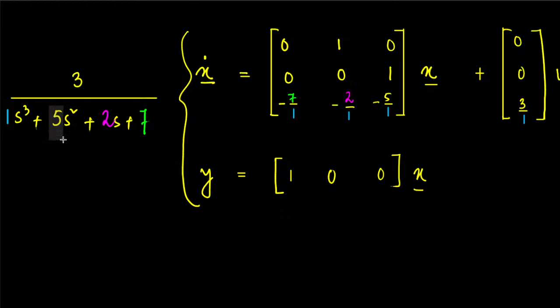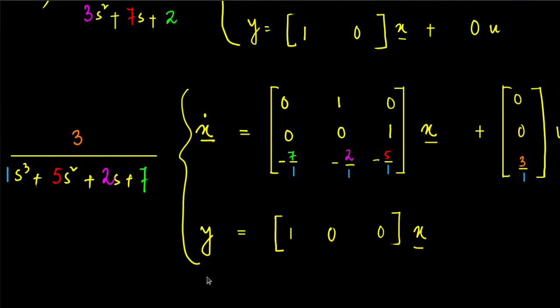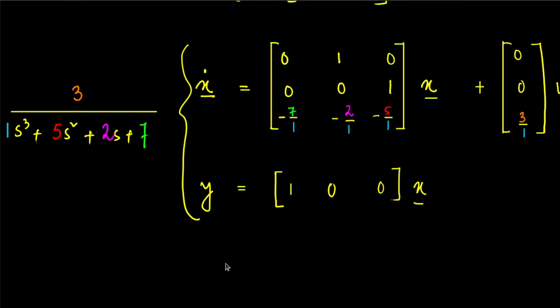This 5, this 5, let me give it. What about this 3? All right, so that is something you can see properly.